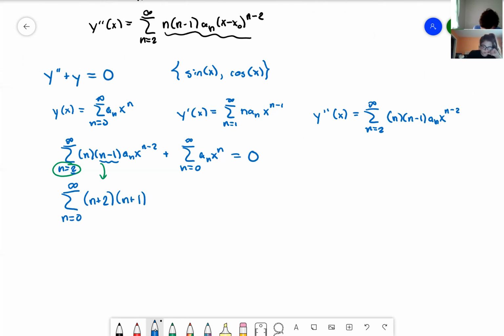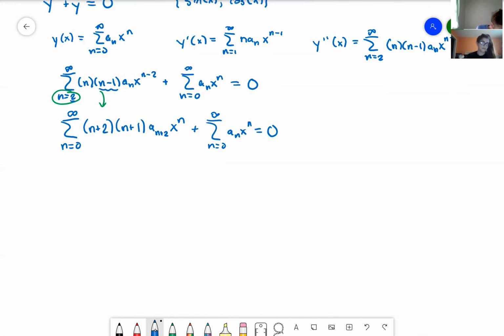It's an easy trick for rewriting this. A n plus 2: I need that n to start from 2. So replacing it, I get n plus 2, and then replacing n with n plus 2, I get n plus 2 minus 2, which is just n. So in one step, I've achieved both of my goals. Go ahead and copy this one. n equals 0.